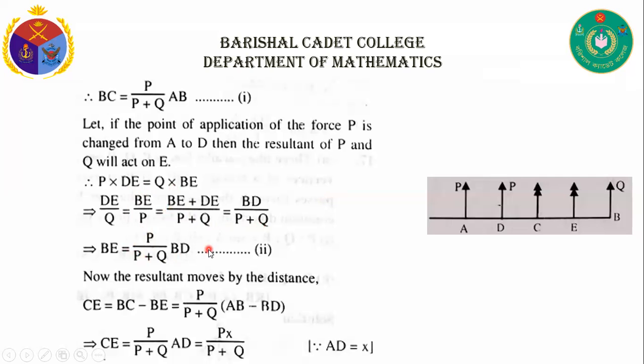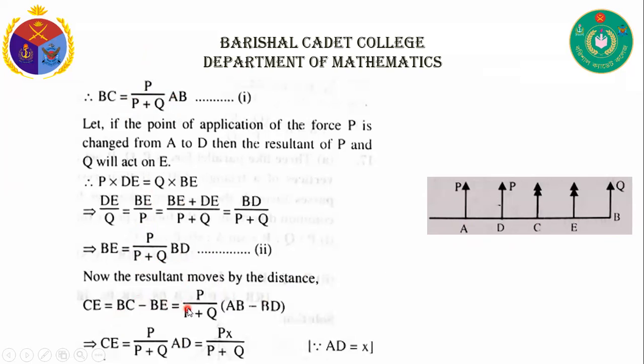So boys, here we can see that we found BC = P/(P+Q) × AB, and BE = P/(P+Q) × BD. Now by what distance does the resultant move? CE = BC − BE. We know that BC = P/(P+Q) × AB here, and BE = P/(P+Q) × BD.